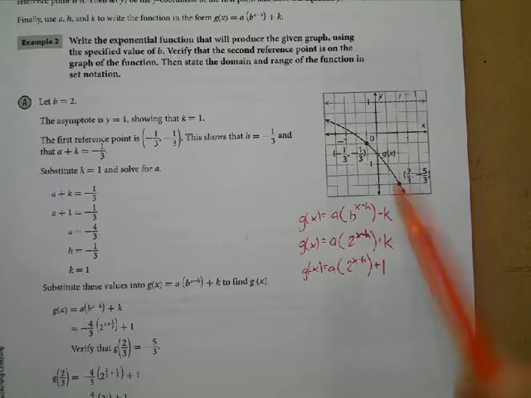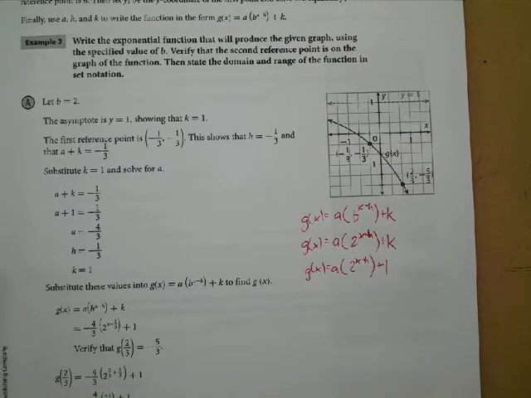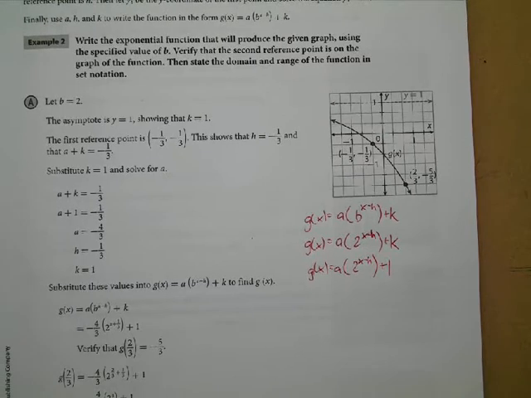Okay, so this first reference point that we get is negative 1/3. Normally the first reference point is supposed to have 0 for its x coordinate, and so that means it's shifted to the left 1/3 here, since that's the first reference point. So we're shifted left 1/3.